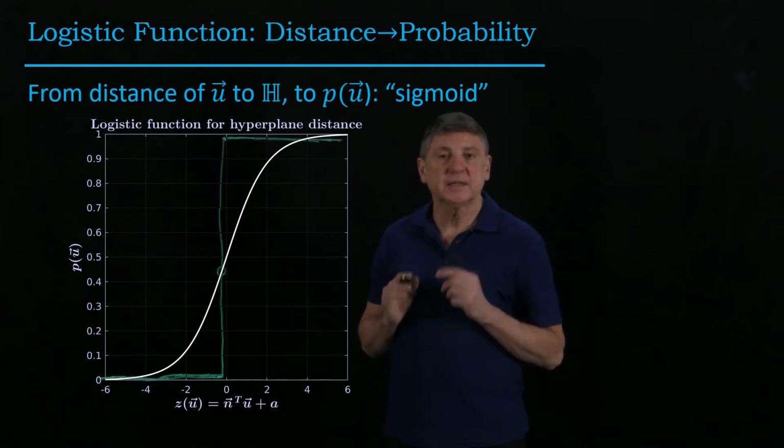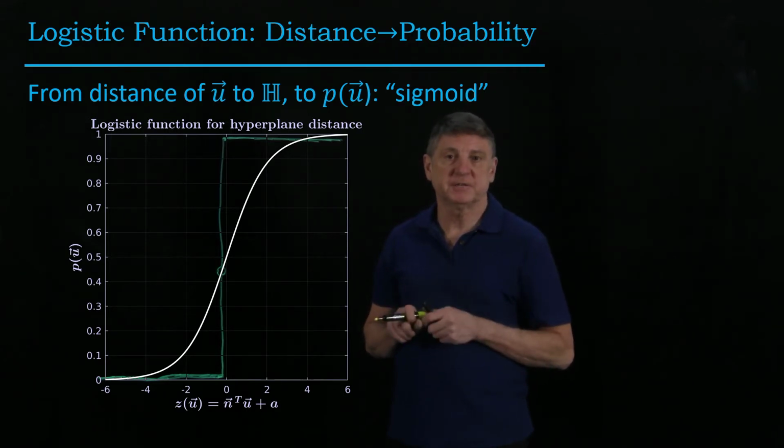In particular, let's find the derivative of this logistic function. Let's work out the derivative of the logistic function where we're writing the probability as a function of the score of a vector rather than of the vector.